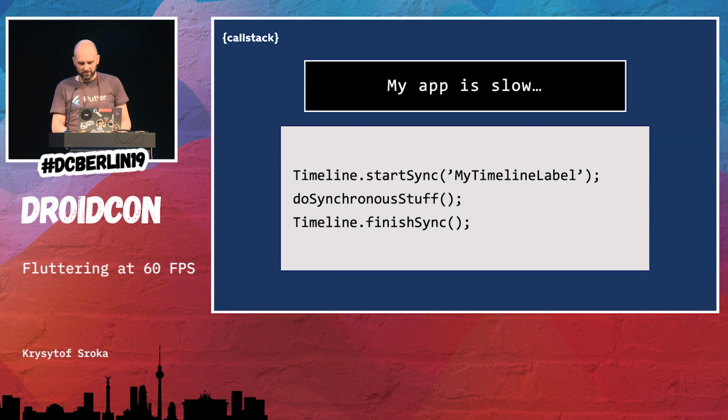But it's not that easy to use as well. However, one nice thing about this is that you can add your own elements to this timeline, and in this way, you can basically check what you do synchronously, of course. Asynchronous operations, you don't test like this.